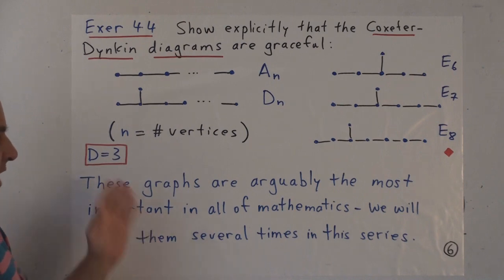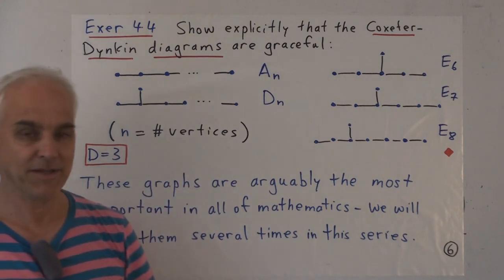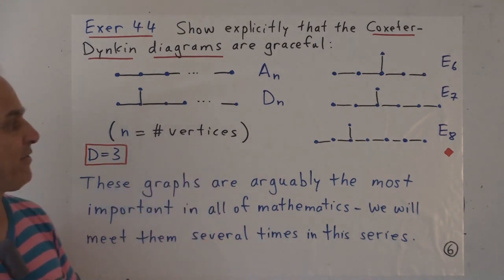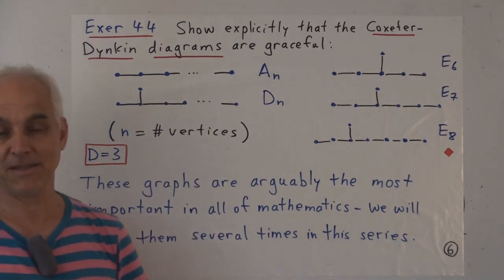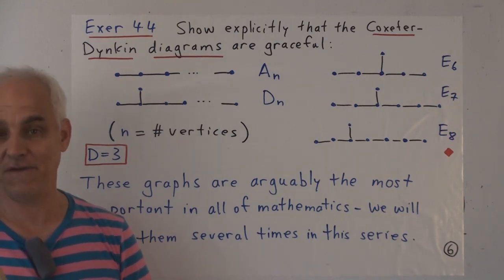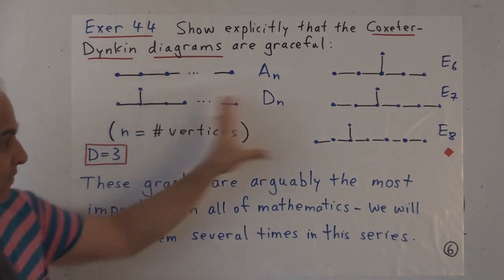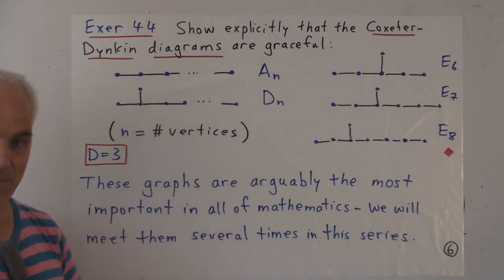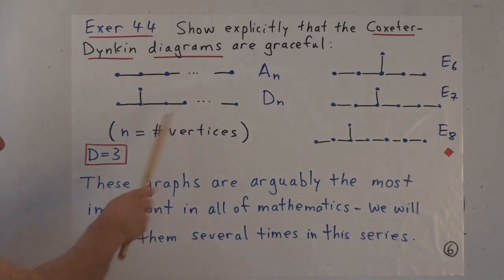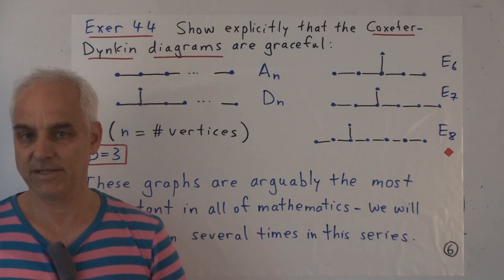Now, these graphs are arguably the most important graphs in mathematics, and there's a lot of evidence for that. And we will no doubt be meeting these graphs several times in this series on famous problems, because they come up in a lot of different famous problems. So this is a first introduction to them, so you can get familiar with them a little bit by figuring out some graceful labellings for these trees.